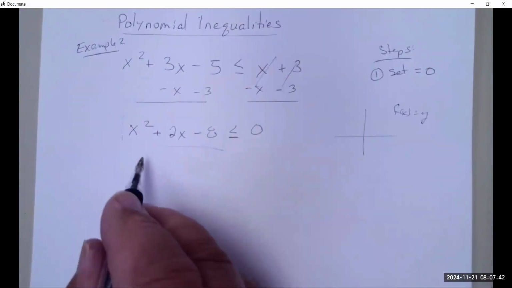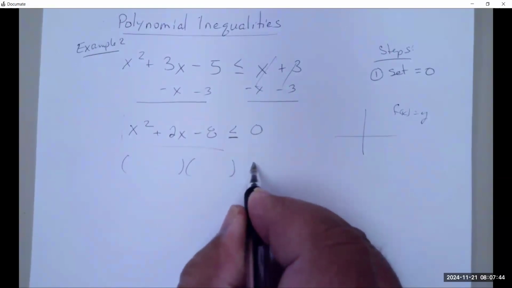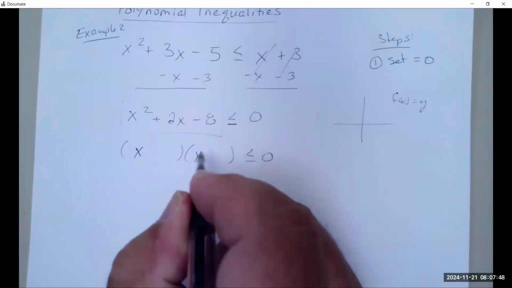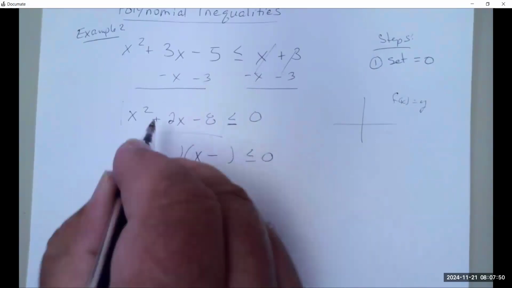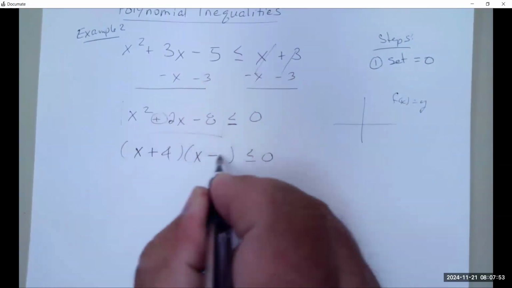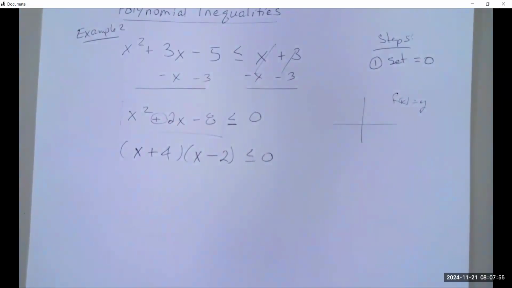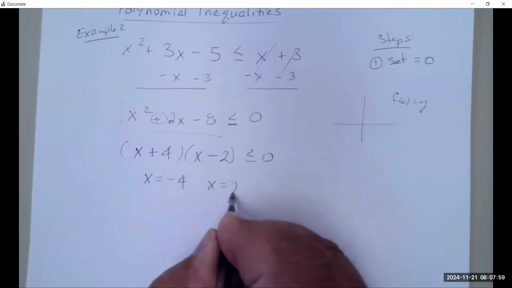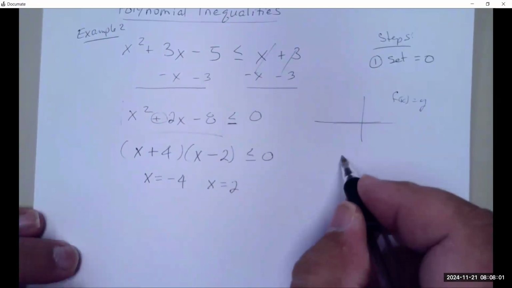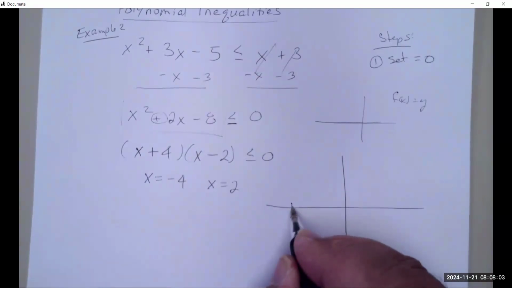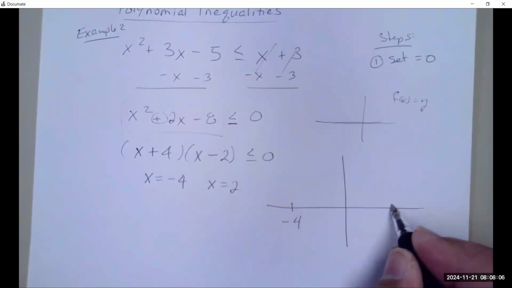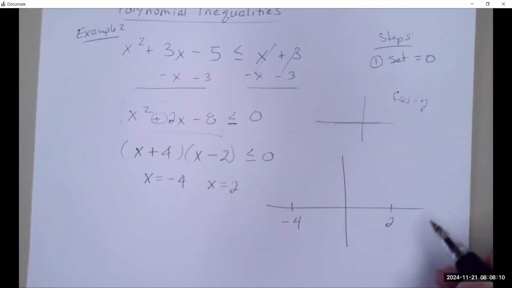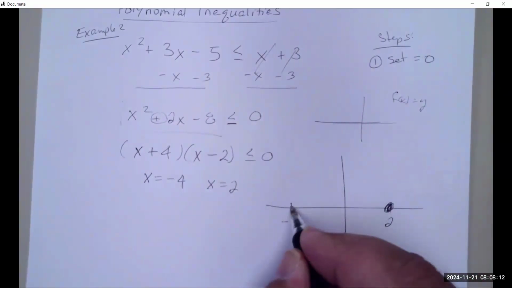So in this case, once we find our factors, it's going to be x and x plus and minus. The bigger number is positive, so it's 4 and 2, which means my intercepts are at -4 and +2. So at -4 and +2, are they going to be open or closed circles? Closed circles because it's an equality.